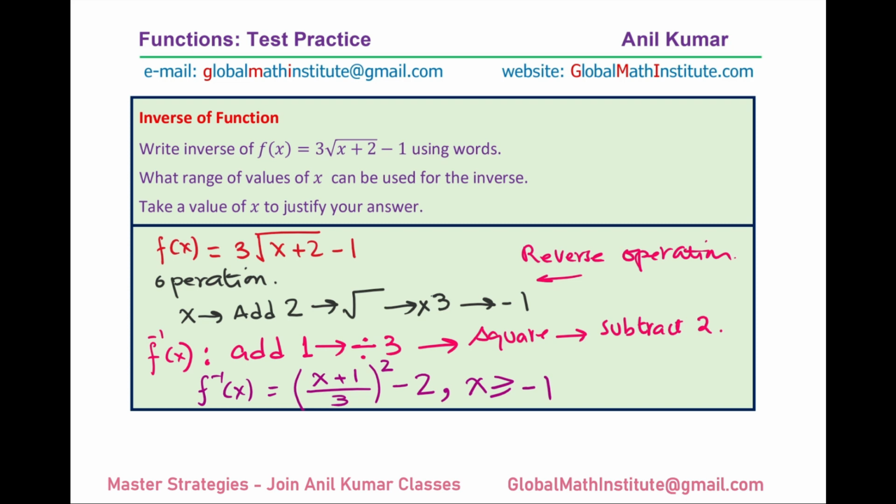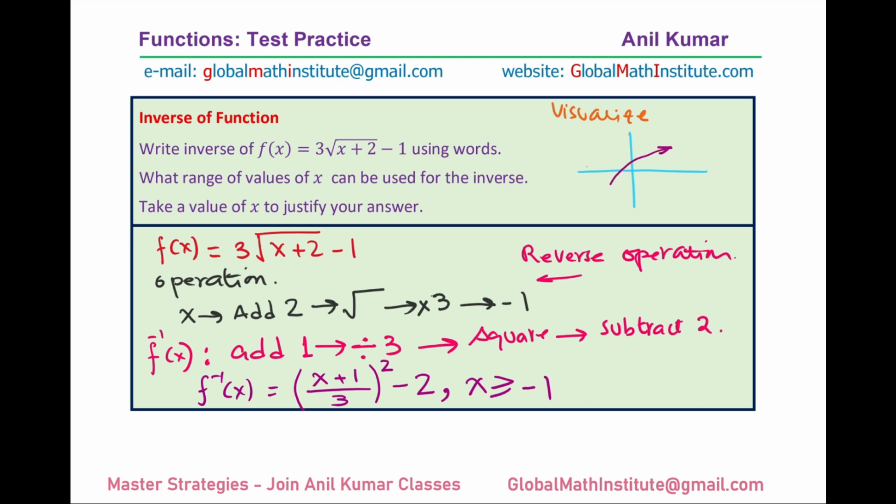Let's visualize the scenario. As far as the square root function is concerned, it has moved 2 units to the left and 1 unit down, right? So it can be sketched as 2 left and 1 down, something like this.